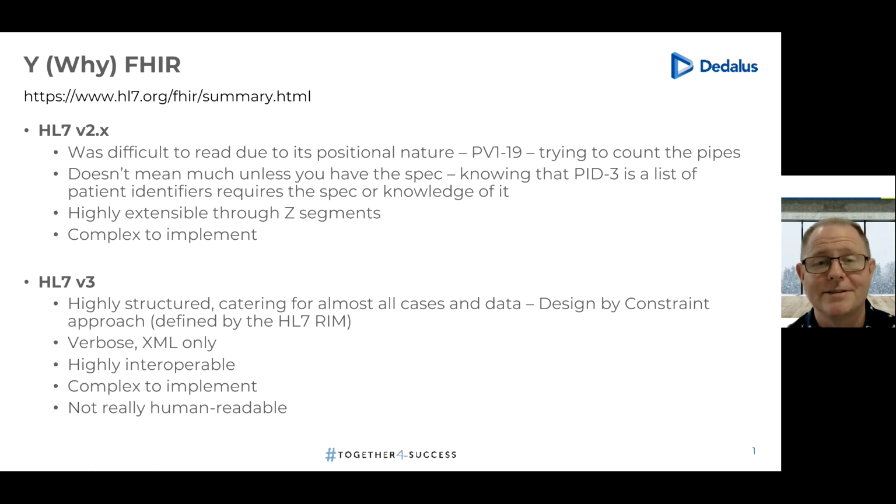A great thing about HL7 v2 messaging, it's both a positive and a negative, to be honest, is the extensibility options around a Z segment. So the ability for a message to convey additional information between two parties through the use of a Z segment was a great way for vendors to say, I have this extra information I want to share, and the HL7 message spec doesn't include a spot for it.